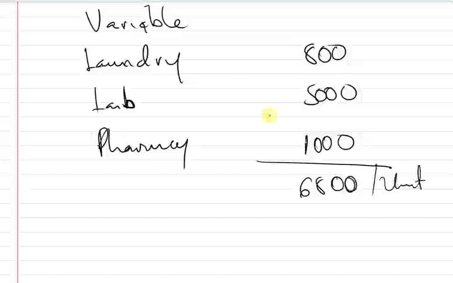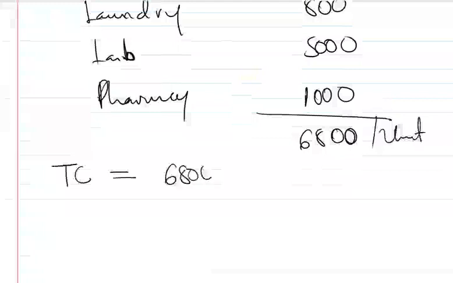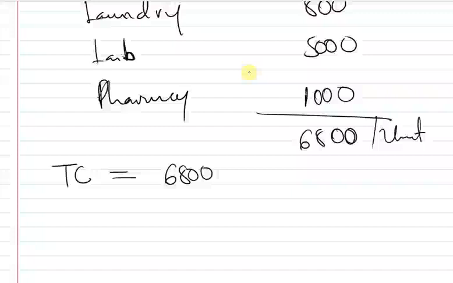So they have told us that they have estimated that they will produce 2,000 patient days. So if I was using the total cost, I would say total cost is equal to variable cost per unit, 6,800, times the activity level 2,000. That's the estimate.